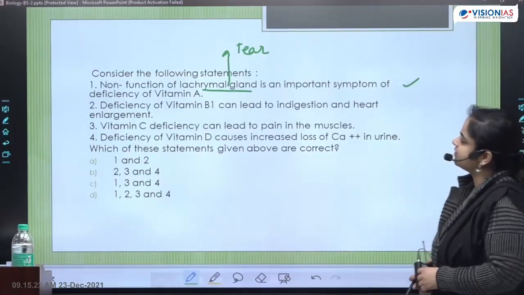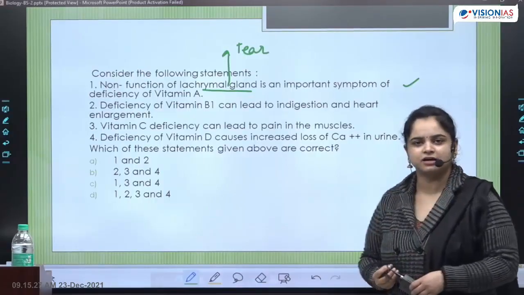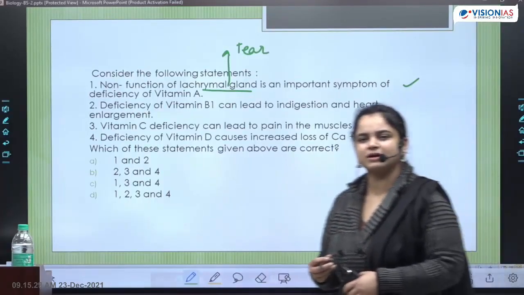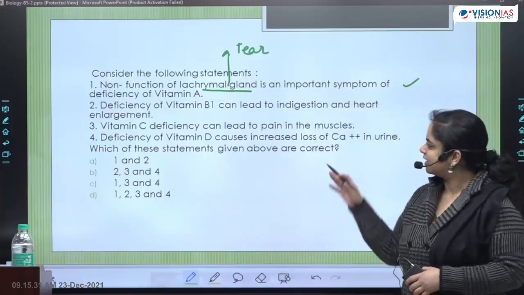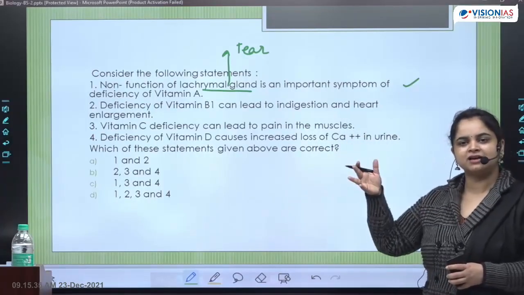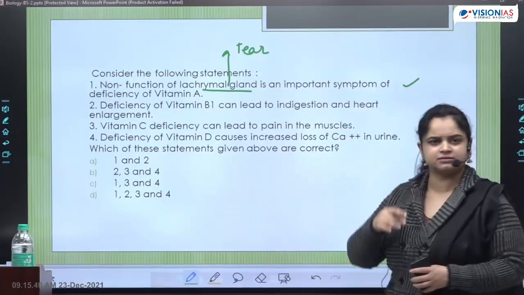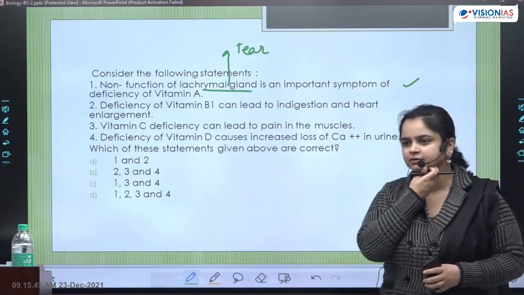Second, deficiency of B1 can lead to indigestion and heart enlargement. If you remember, we did a question in the last class that was also somewhere around this. B1, thiamine deficiency, and something to do with heart disease. Okay, heart failure, right?